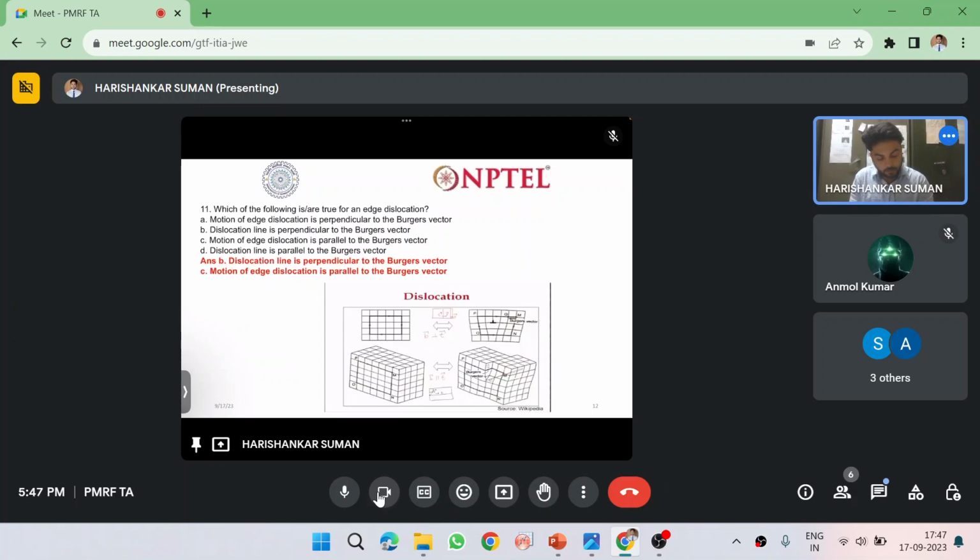We can see the dislocation line is perpendicular to the Burgers vector.